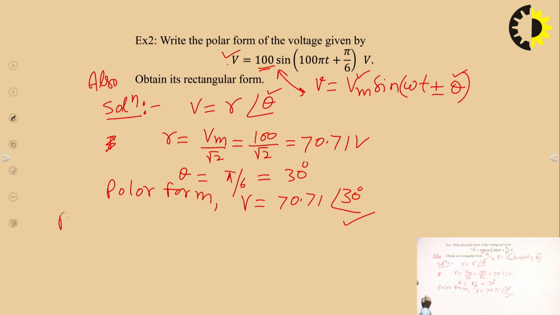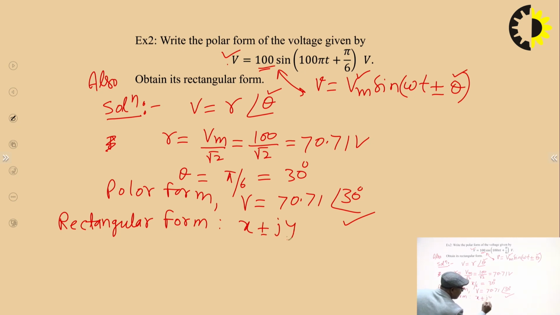So this is in polar form, and we also have to obtain its rectangular form. How to write in rectangular form? We know rectangular form is x plus minus j y, where x is r cos theta and y is r sin theta. How to relate them?